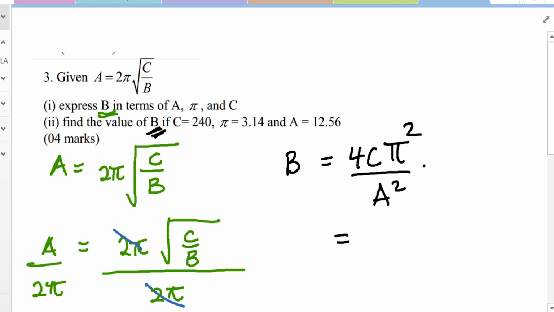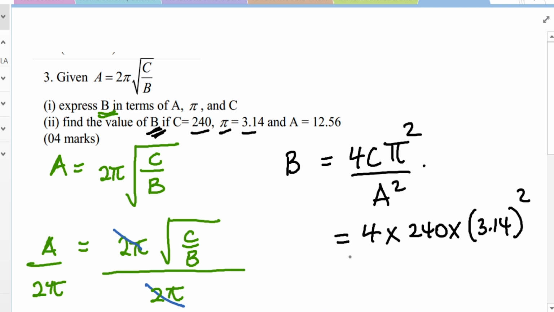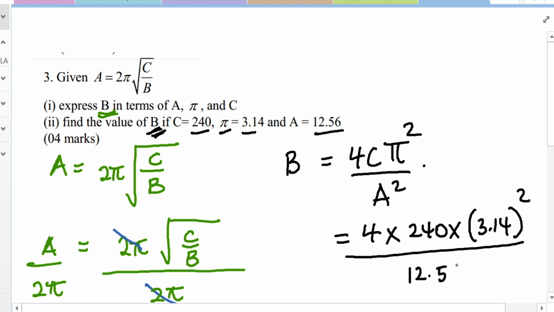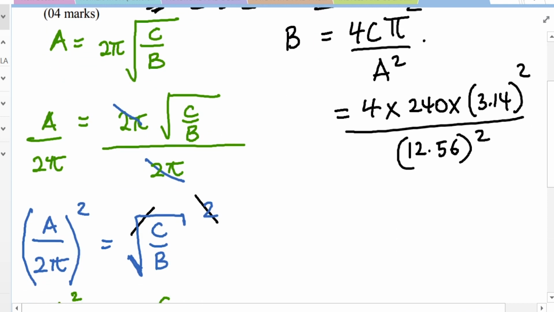So from that, we know that this is going to be 4 times c, c is 240 times 240, multiply that by pi, which is 3.14 squared, divide that by a, which is 12.56 squared. So from there, we shall be able to get our value of b. Our value of b here is 60.